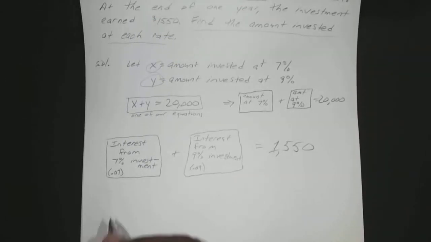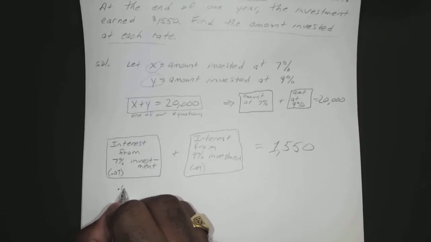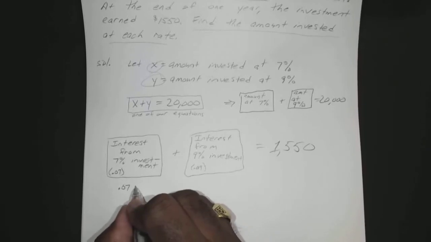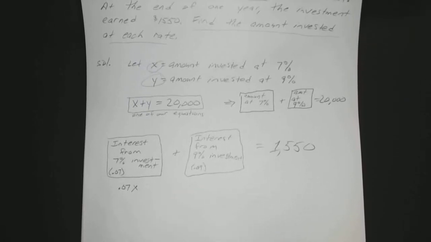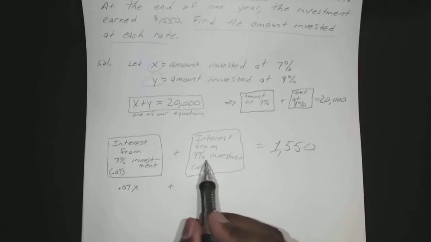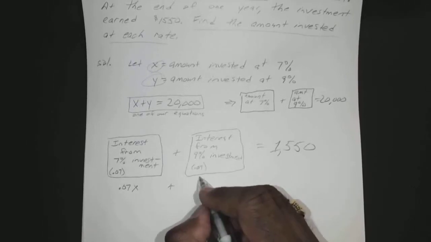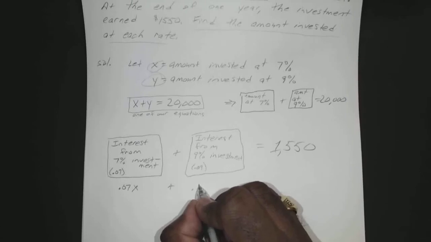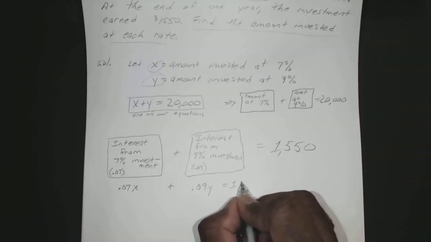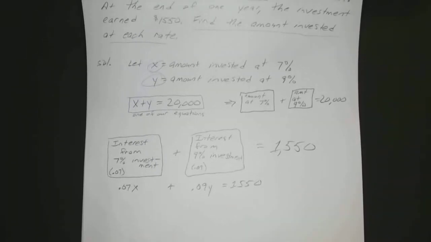We know that 7% of whatever amount he invested, which we don't know, so 7% of x, plus 9% of whatever he invested in the next one, so 0.09 times y, equals 1,550.